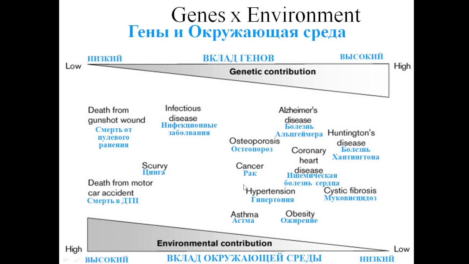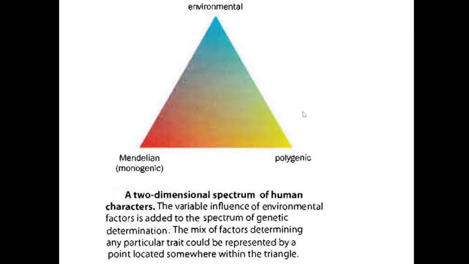In any case, diseases depend on genetic predispositions, but also on environmental influence. And with low genetic influence, for example, a car accident and others. Infections depend more on environment, but genetic influence is also important.